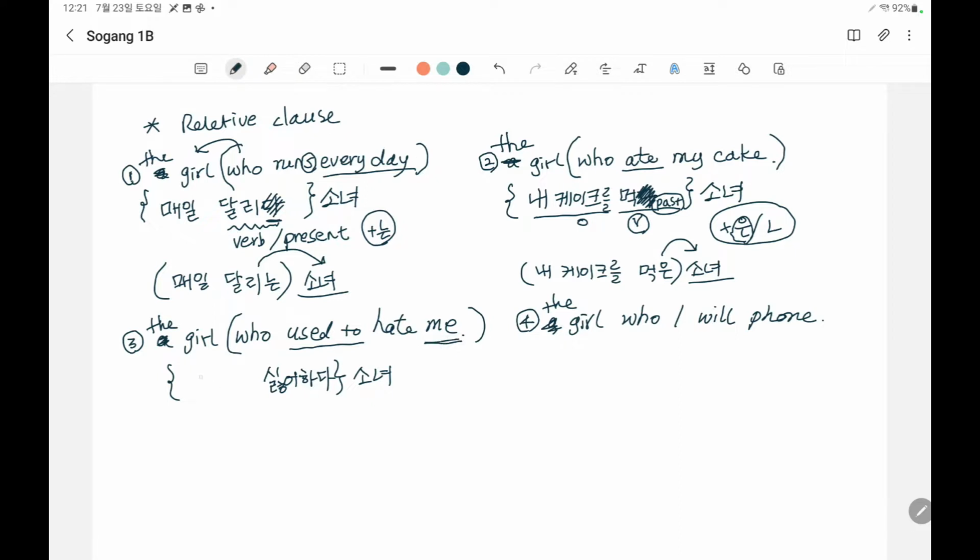This is an object, isn't it? 그래서 나를 싫어하다. Done. 자, for used to, we need 던, regardless of 받침. So, 나를 싫어하던 소녀. The girl who used to hate me.